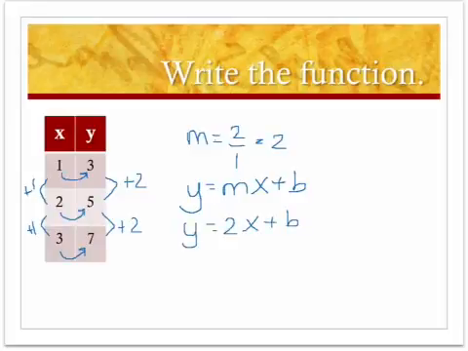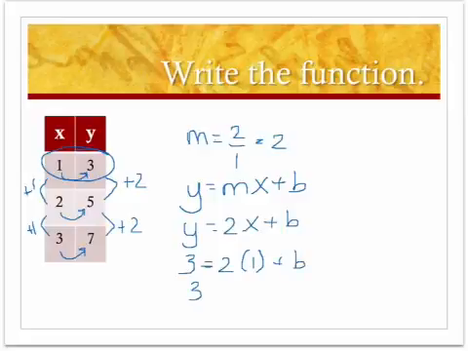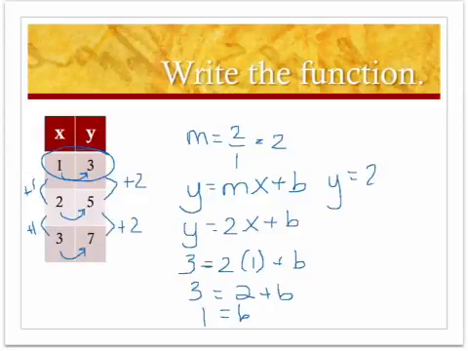Let's plug in a particular point, let's say 1, 3, and y is 3, x is 1. I then have 3 is equal to 2 plus b, or b is equal to 1. I now have my equation, y is equal to 2x plus 1.